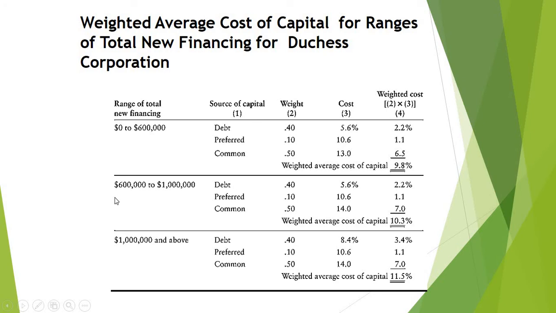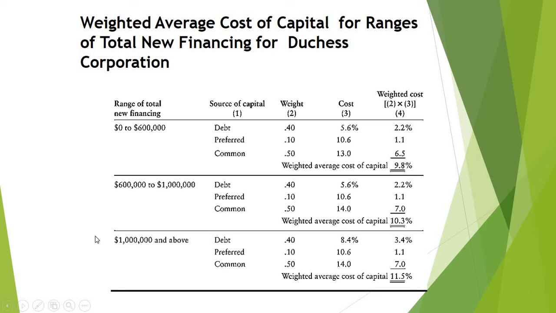If Duchess Corporation raises $600,000 to $1 million, the weighted average cost of capital will increase to 10.3% from 9.8%. This is due to more cost of common stock, because if Duchess Corporation raises more capital, the firm has to pay 14% cost on its common equity. As a result, the firm's weighted average cost of capital increases to 10.3% from 9.8%.